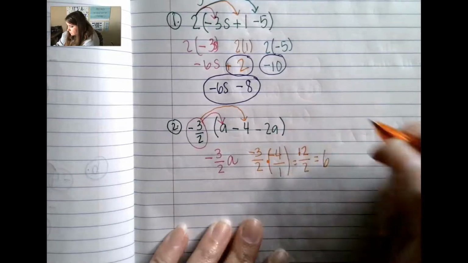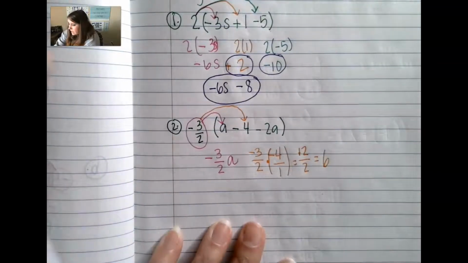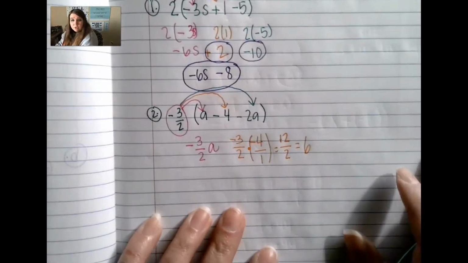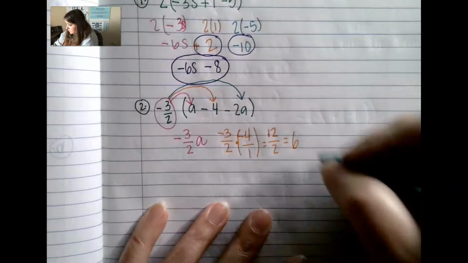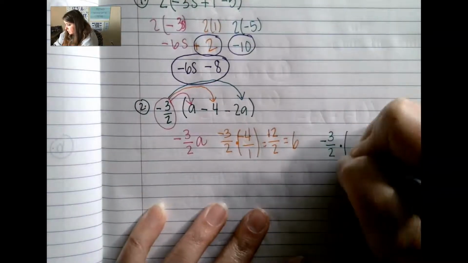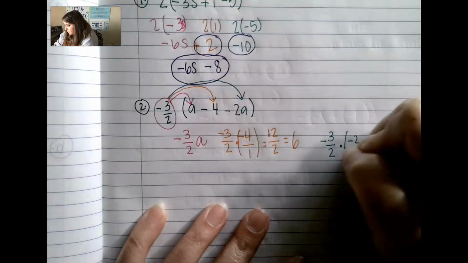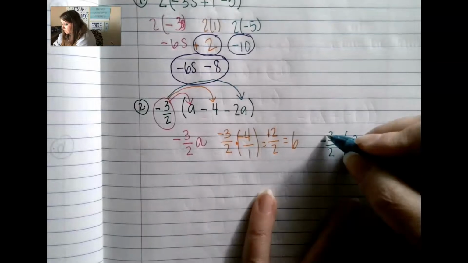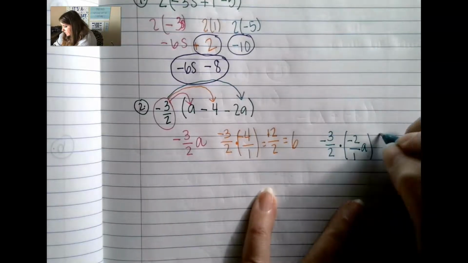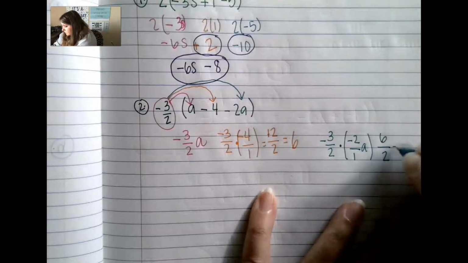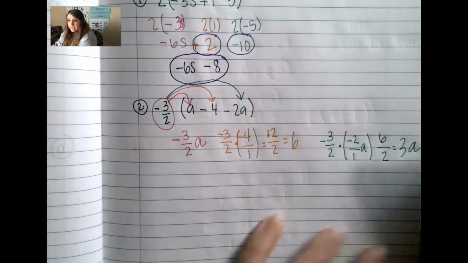So this middle number is 6. And then last I have negative 3 over 2 times negative 2. So again, we're going to set it up. Negative 3 over 2 times negative 2 over 1, and this is an a. So negative times negative is a positive, so that's a positive 6 over 2, which gives me 3a.